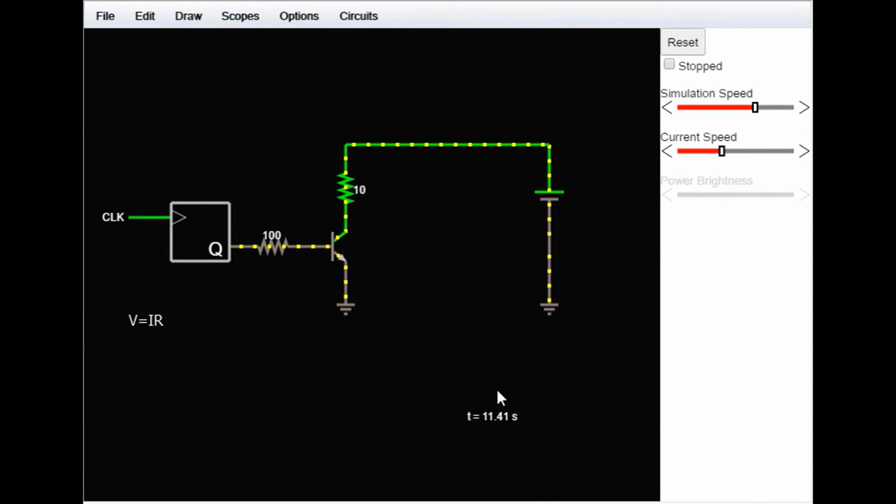In this case, we're actually looking for the current, so I equals V over R, which is equal to 12 volts over 10 ohms. And that's going to be equal to 120 milliamps, right?